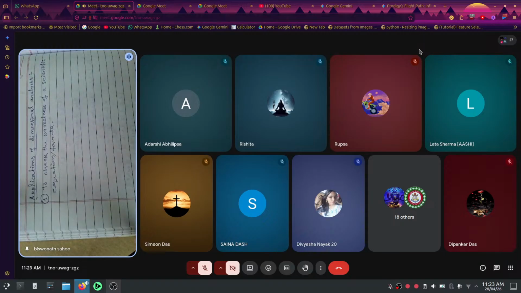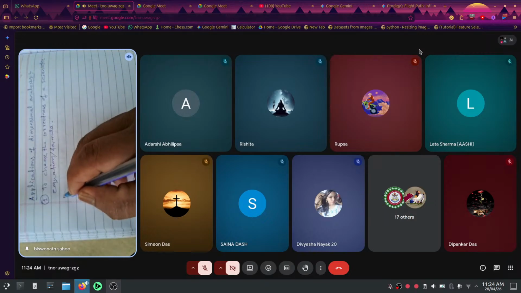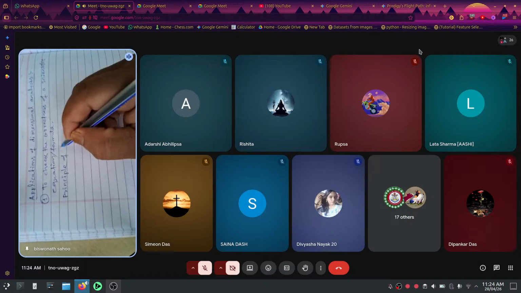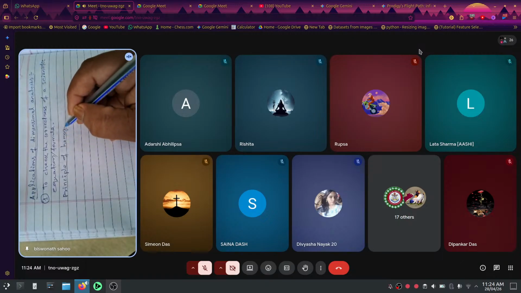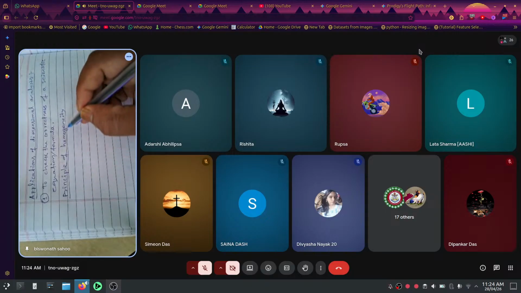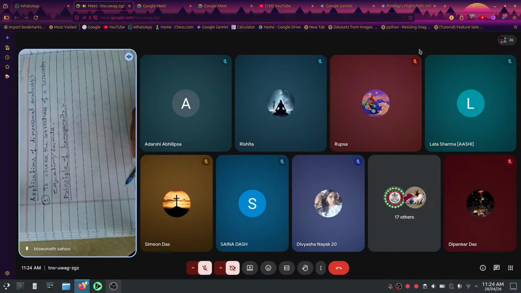To check the correctness of a scientific formula or equation, we have to use a principle, this is called the principle of homogeneity. All of you write, principle of homogeneity. Homogeneity means equality.